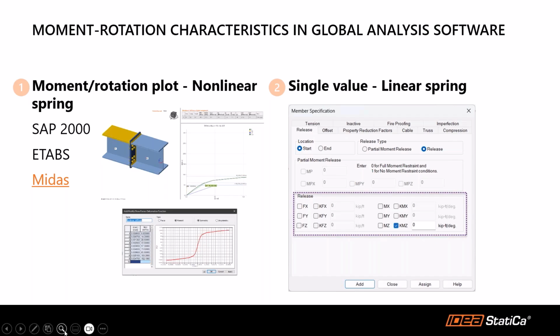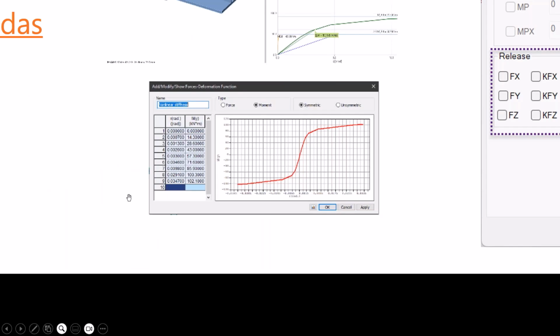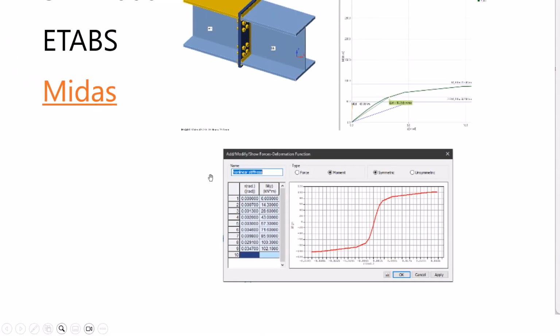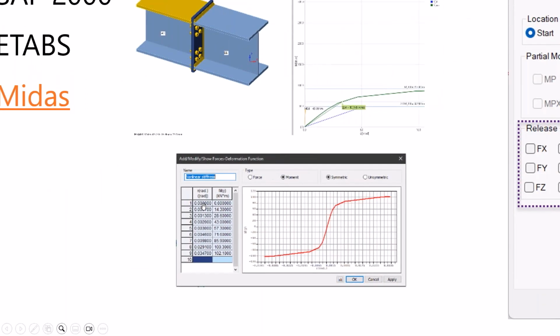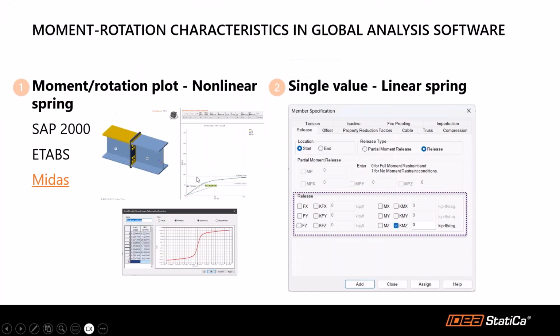This is an example from MIDAS, and I am putting here a link to how that is done. You can put that curve there, rotation versus moment or vice versa, and that spring will be modeled in the main global analysis software.